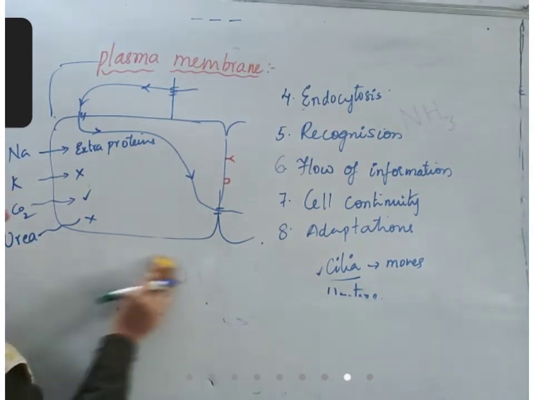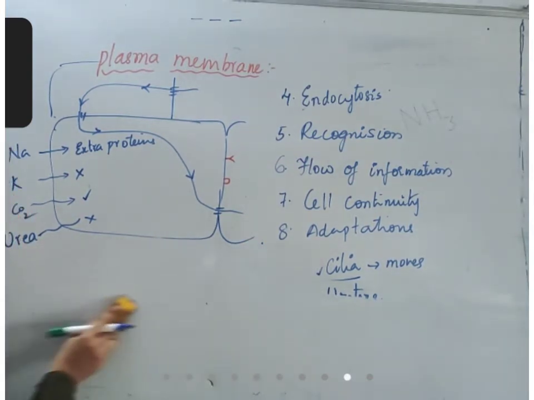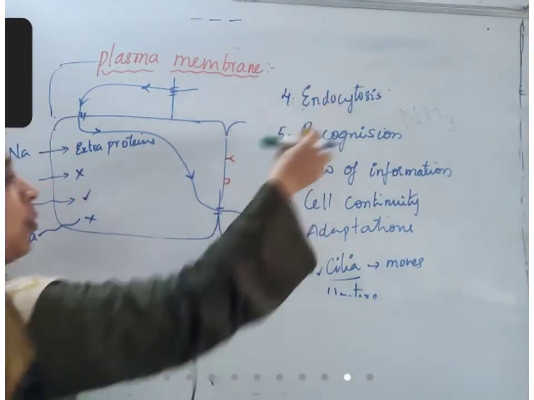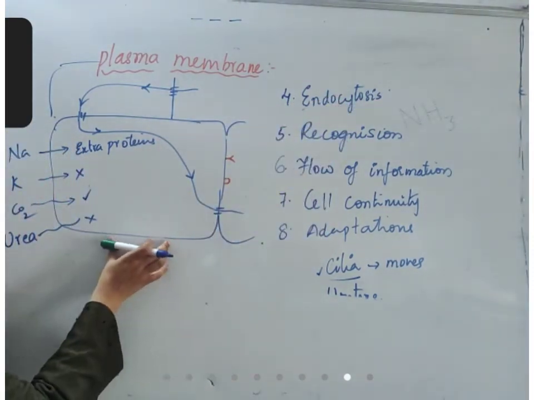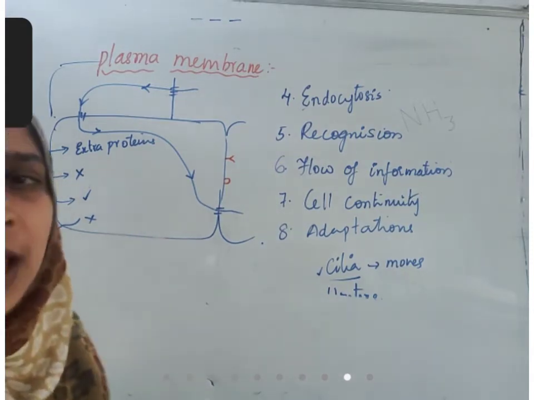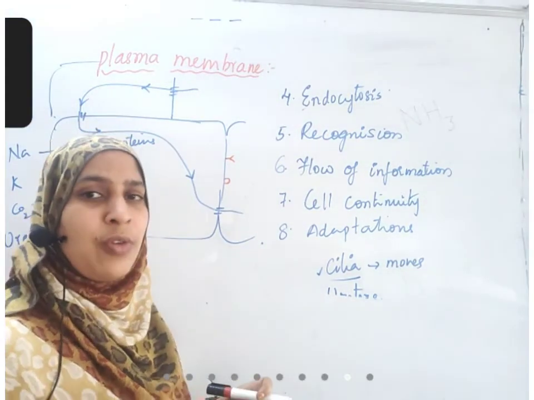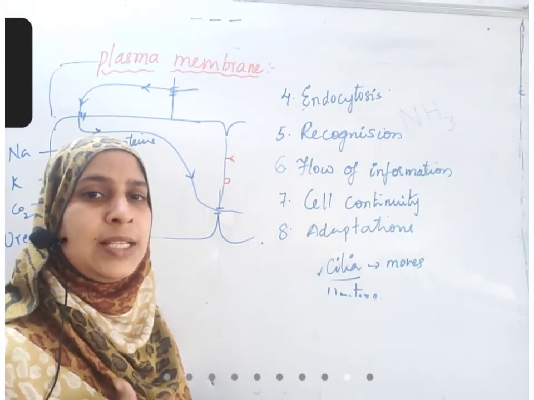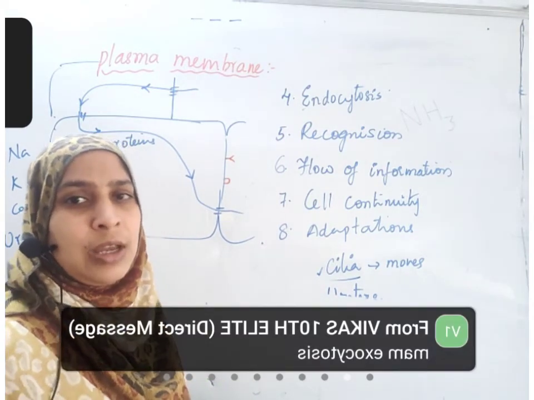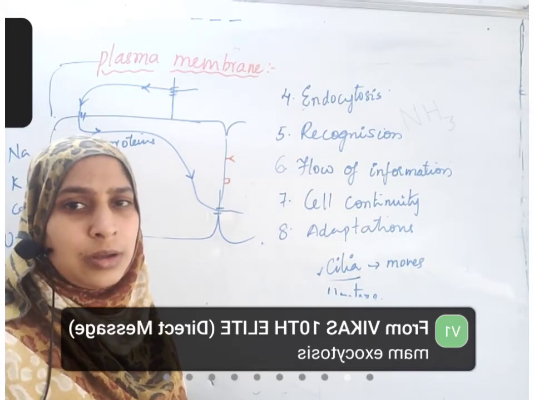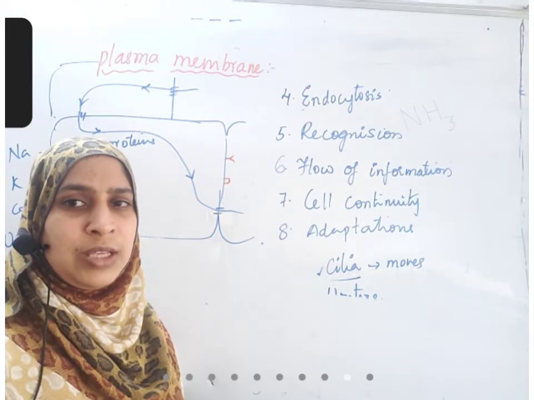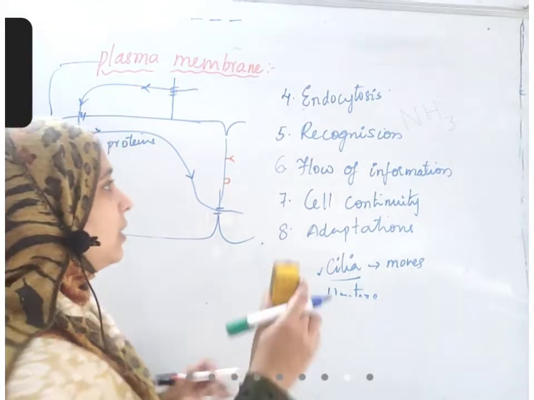You're asking me a question, how endocytosis is a function of plasma membrane. Endocytosis is possible only because plasma membrane is flexible. Imagine our plasma membrane is like a cell wall, very tough. If it is stiff like a cell wall, what will happen?